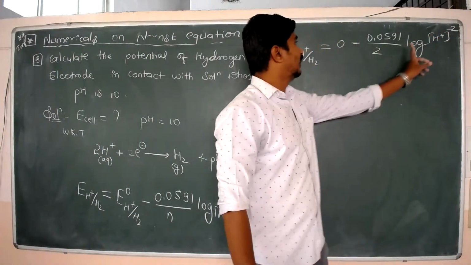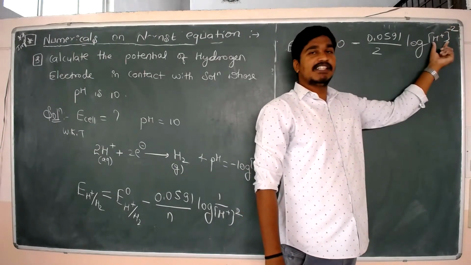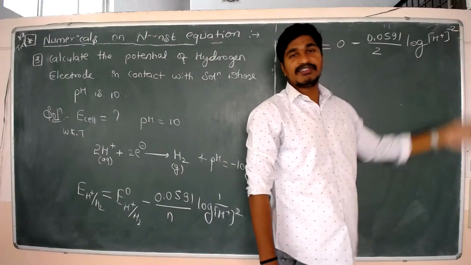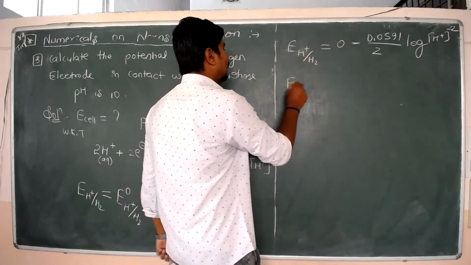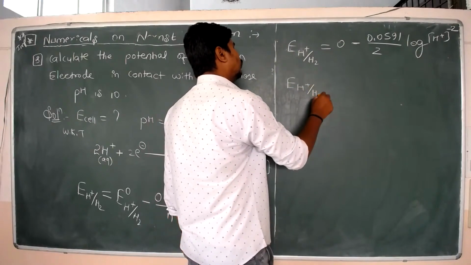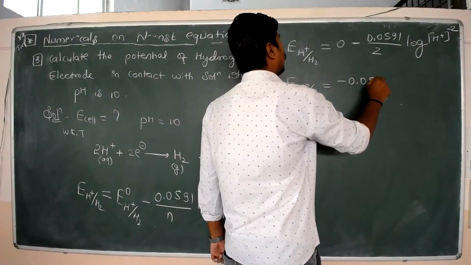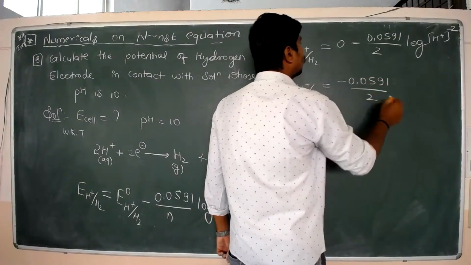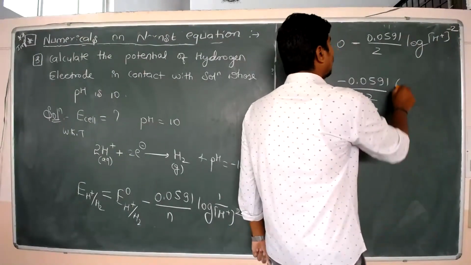Now, just observe. It is in which form? Log m to the power n. M is H+, n is minus 2. What is the formula? n log m. Now it will be E of H+/H2 is equal to 0 minus 0.0591 by 2, which is in the form of log m to the power n. Therefore, it will be n log m.